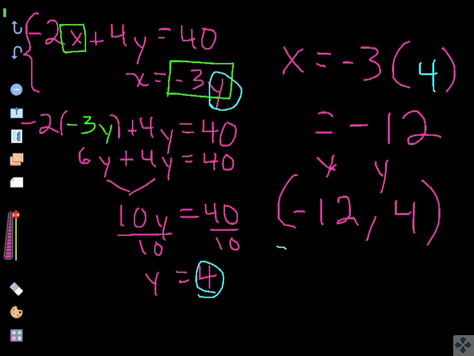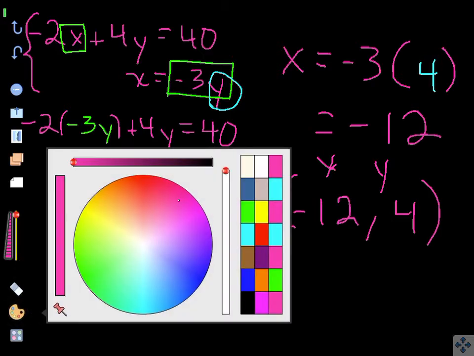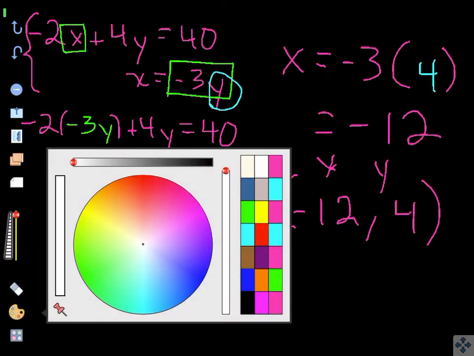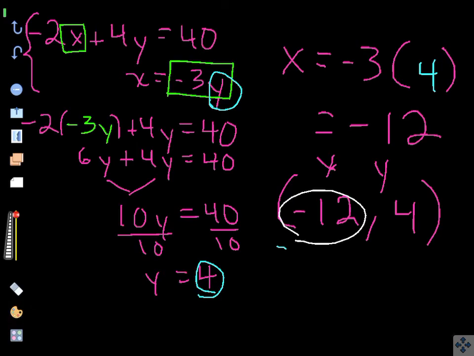To make sure that you got the answer right, you're also going to want to do a check. So to check this, we're going to have to use both equations to see if we got the answer right. So let's substitute negative 12 in for x in both equations and 4 in for y in both equations.